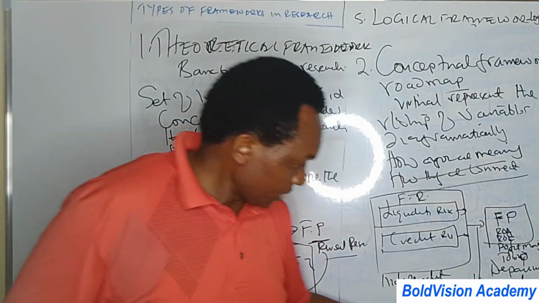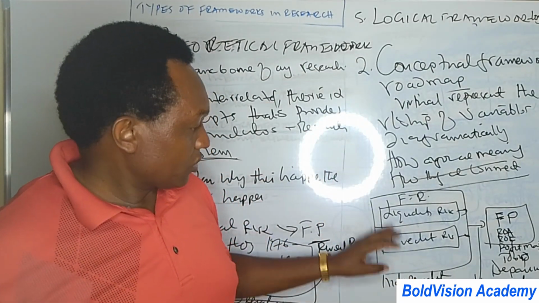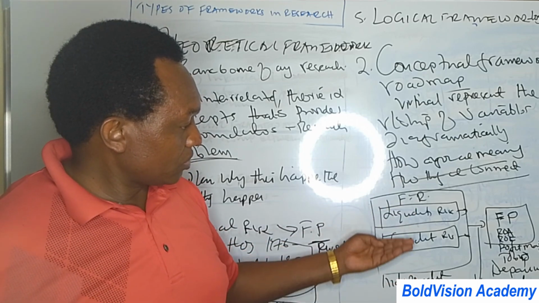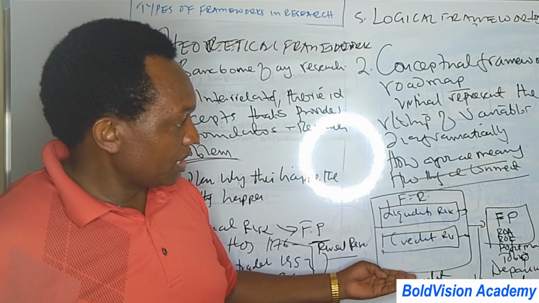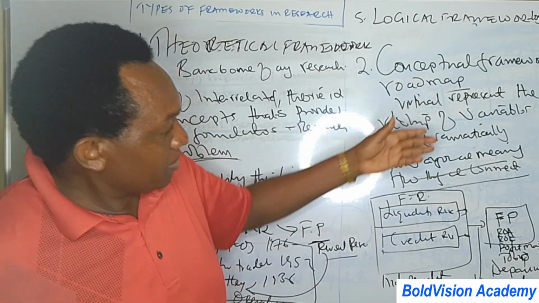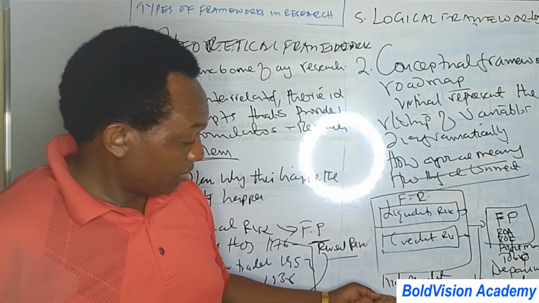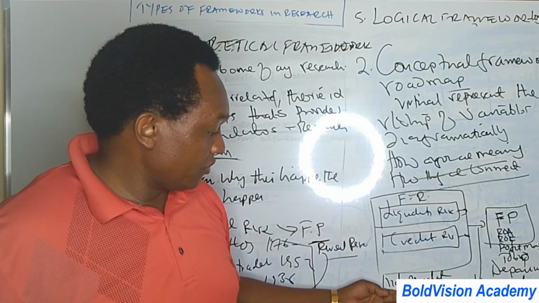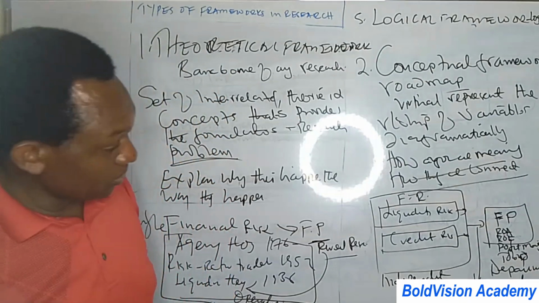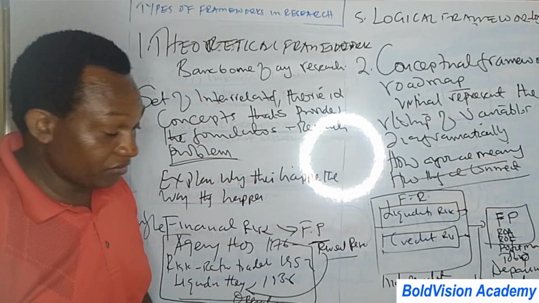So keep watching, the video is coming soon. So this is how you structure your conceptual framework, and you are graphically representing the relationship of your variables, and you have to define clearly what your independent variable and your dependent variable are, and if you're using a moderator, it must come out very clearly.